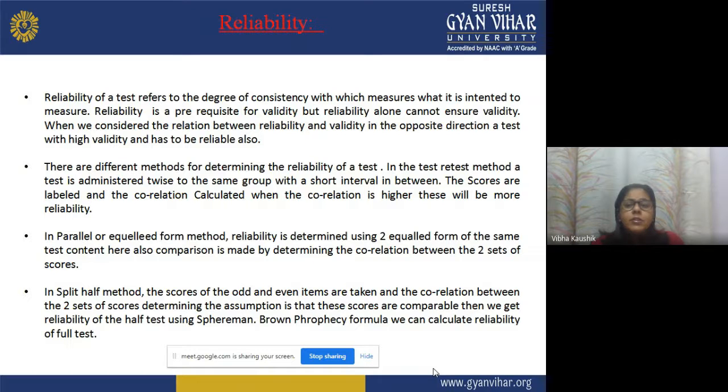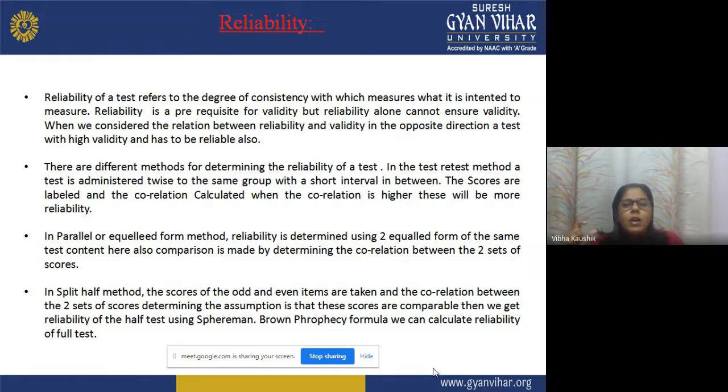In the test-retest method, a test is administered twice to the same group with a short interval in between. The first method of establishing reliability is the test-retest method, and in this method a test is administered twice to the same group with a short interval.